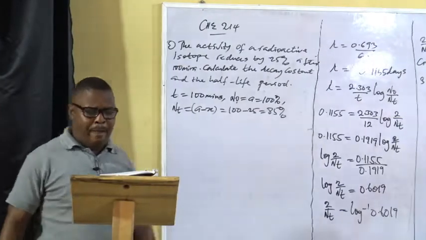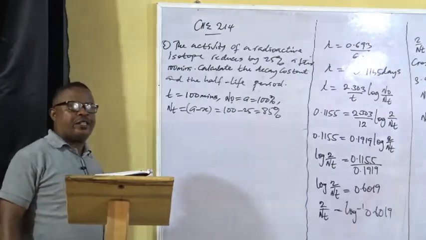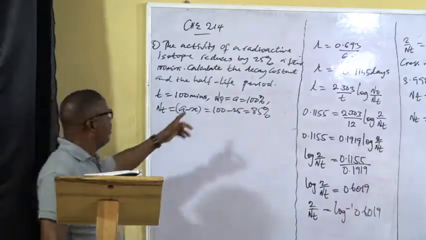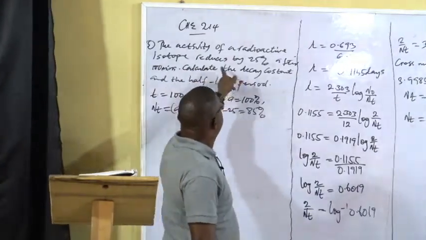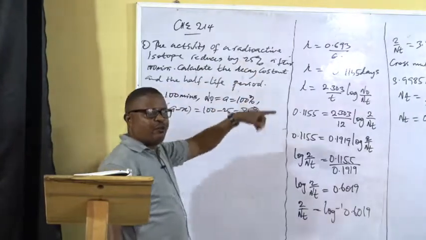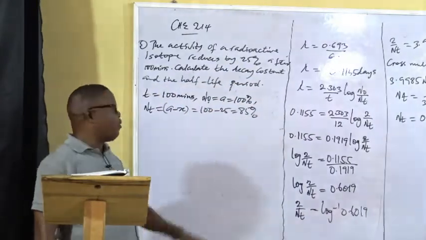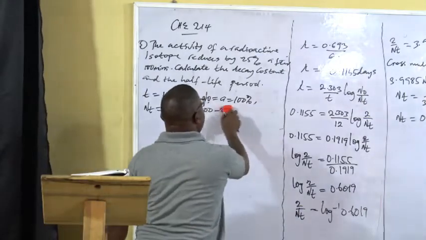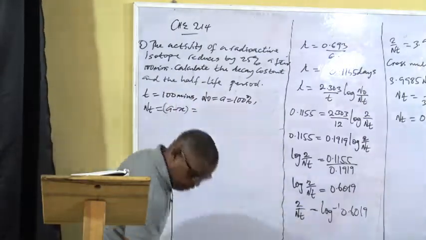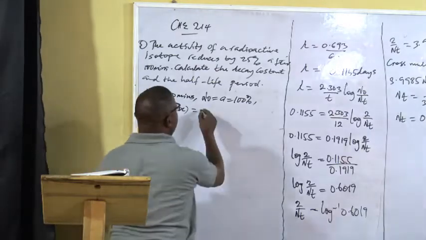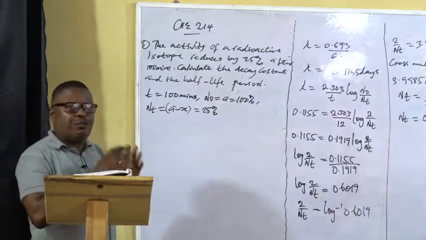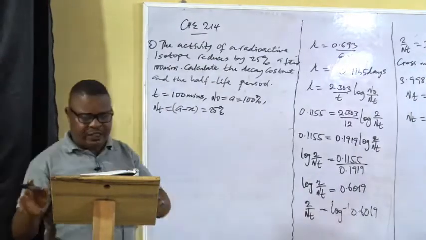The number reduces by 25%, so our A minus X is NT.